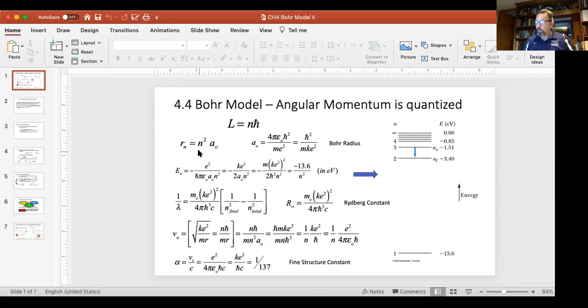The second was what the actual value of the energy was when the electron was in each of these states. And at the end of the day, for electrons in a hydrogen atom, the total energy is minus 13.6 electron volts divided by the square of that index n, that principal quantum number.